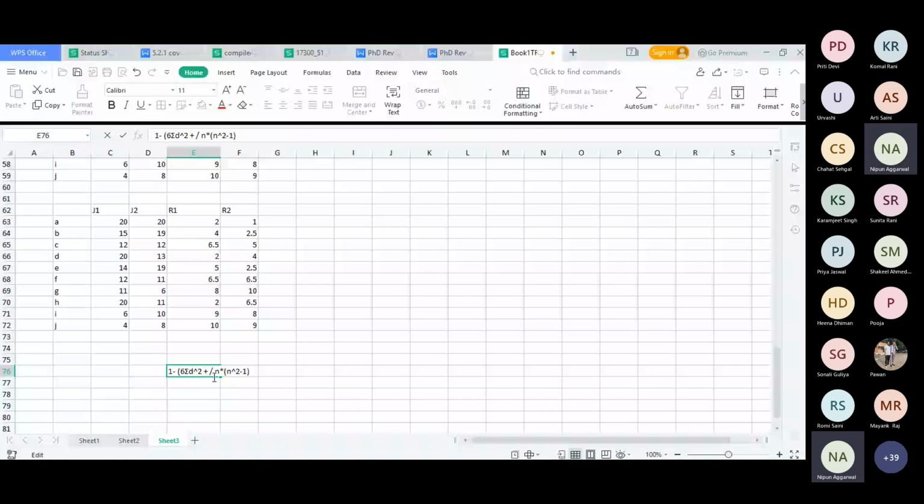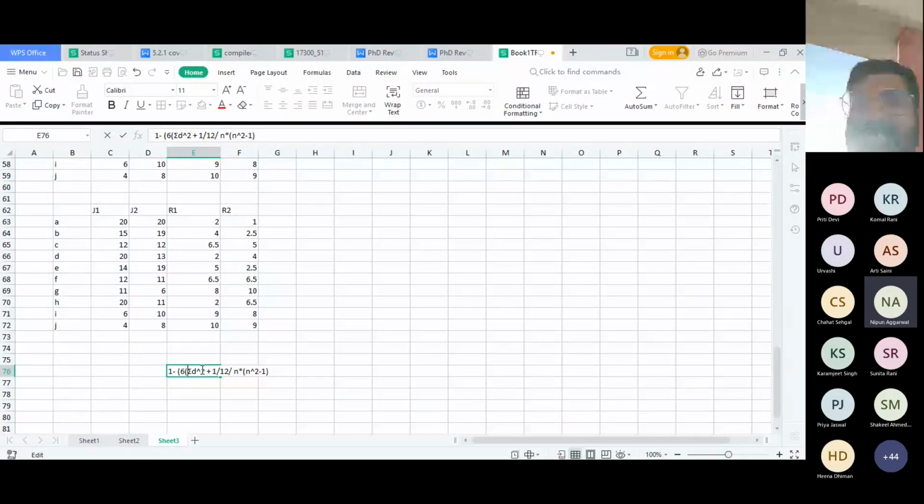But in the numerator, 6 sigma d square plus 1 by 12 is added, with the 6 outside the bracket now. So it will be 1 minus 6 sigma d square plus 1 by 12 into m into m square minus 1.